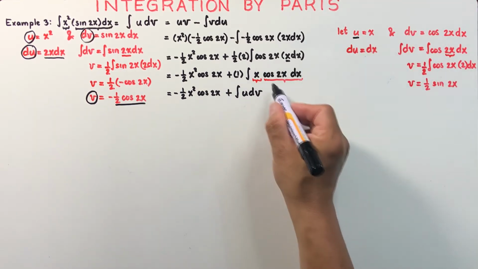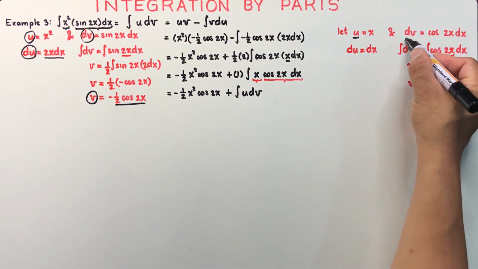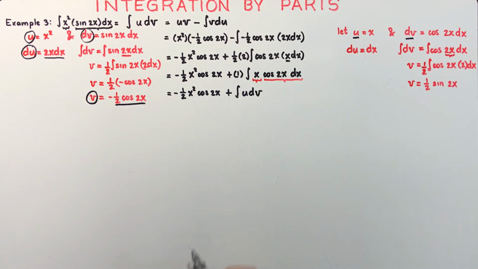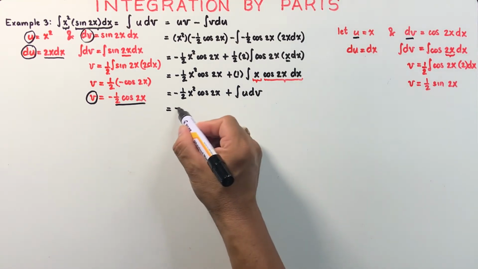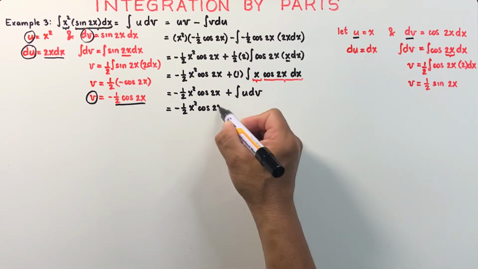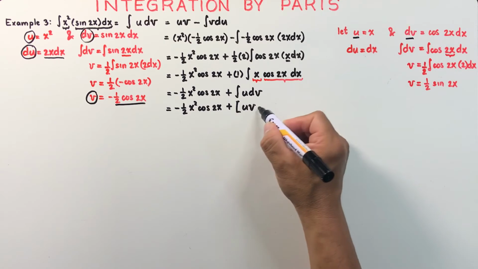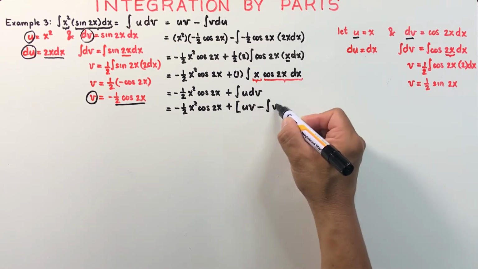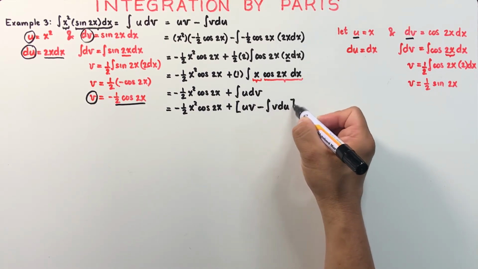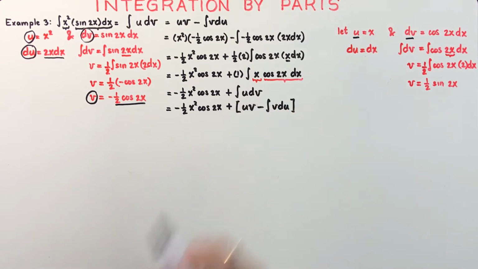And instead of writing cosine 2x dx, we will write dv here. And according to the formula that the integral of u dv is just u times v minus the integral of v du, this 1 is the integral of u dv according to the formula of the integration by parts.